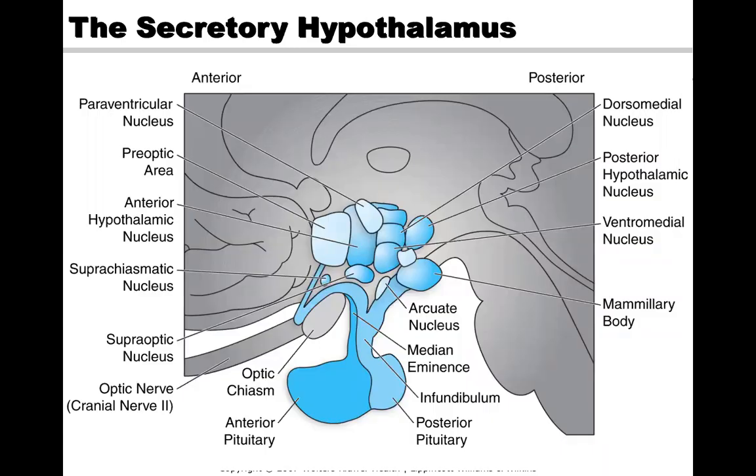So this is the biological clock which is controlled by melatonin. You can take melatonin tablets, which are available over the counter, in order to set back the circadian rhythm, but this biological clock is controlled by the hypothalamus.